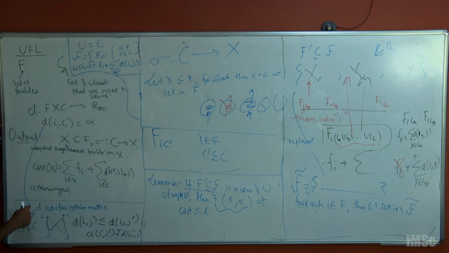So either you think of this problem or that problem, both are the same for us. If we can optimize this nicely, then we can translate it as a solution to the other problem. So we can actually forget about the facility location problem and just think about set cover.